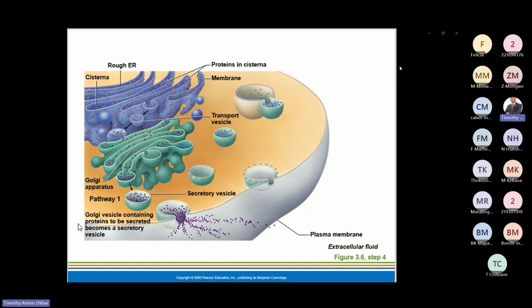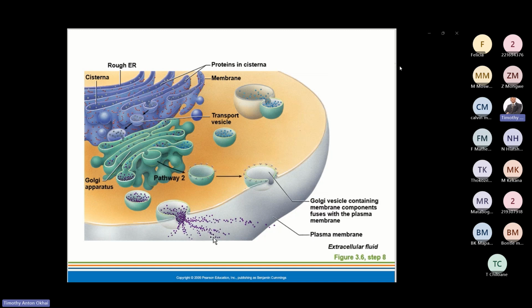So the Golgi vesicle containing protein to be secreted becomes a secretory vesicle here. So you can see all the proteins in it, and it carries it to the cell membrane. It opens up to excrete it through exocytosis. Exocytosis is the movement of substances out of the cell.